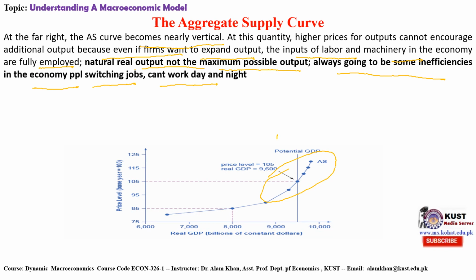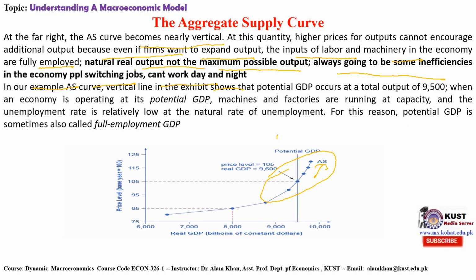So in this particular case, there is only an increase in prices, because all the resources are fully utilized and the labor is not in a position to work day and night. In our example, the aggregate supply vertical line in the exhibit shows that potential GDP occurs at a total output of 9,500.